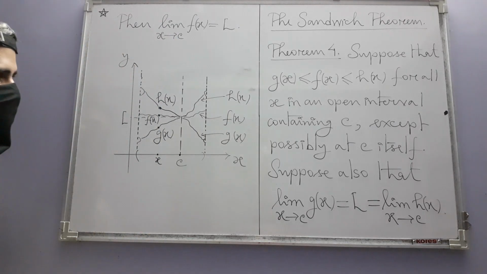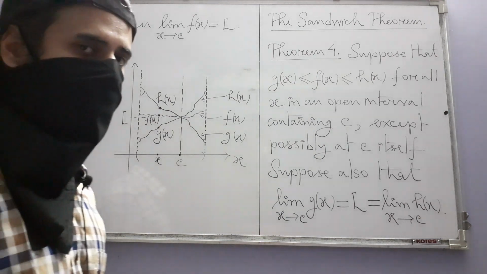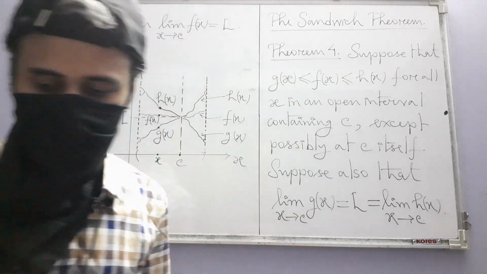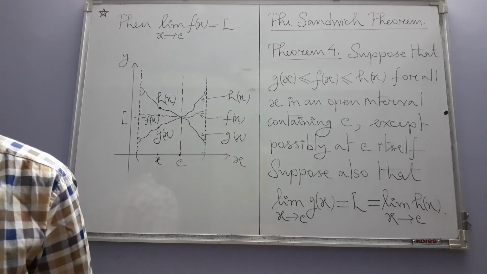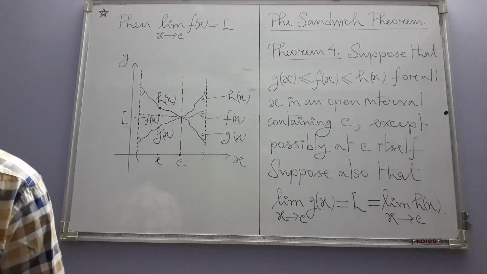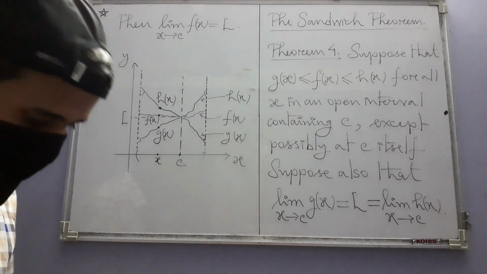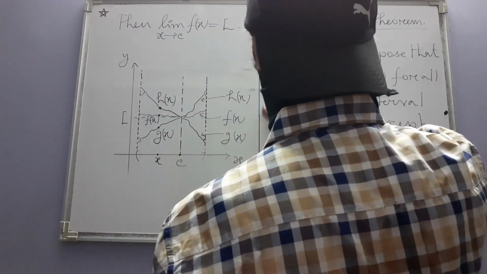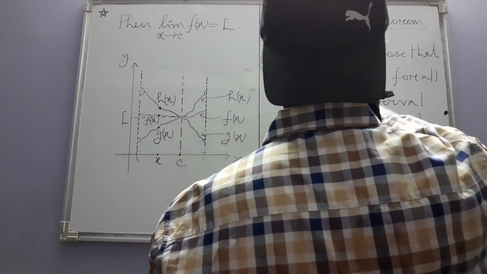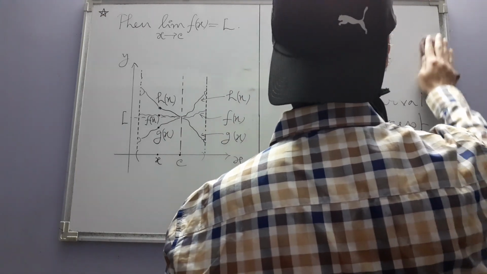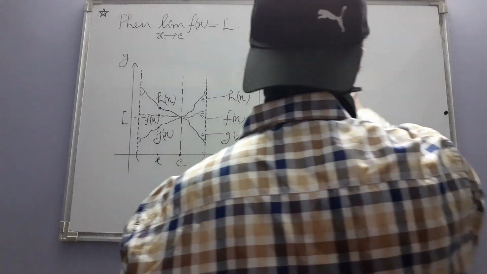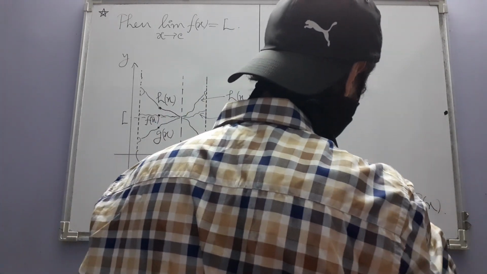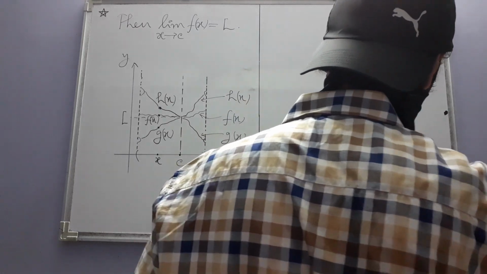So using this fact, we can calculate many limits. So the author has given two examples. And we will see other such problems where sandwich theorem has to be used in the exercises.